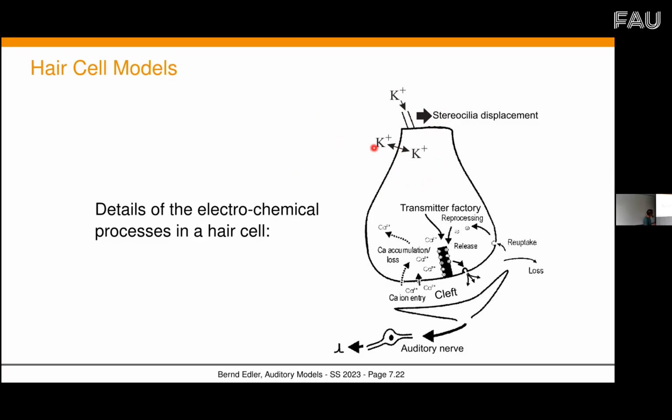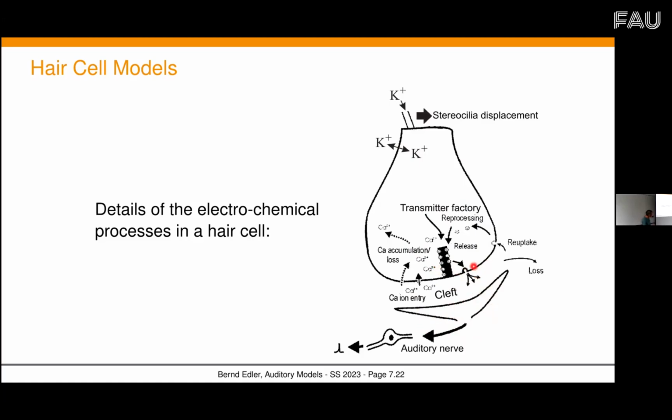diffusion process. And what happens then further, I didn't show you before, is that there are neurotransmitters in the bottom of the hair cell, and they are then released when there's a depolarization. So they enter this kind of cleft, where then on the other side here, this would be the dendrite of the auditory nerve fiber.